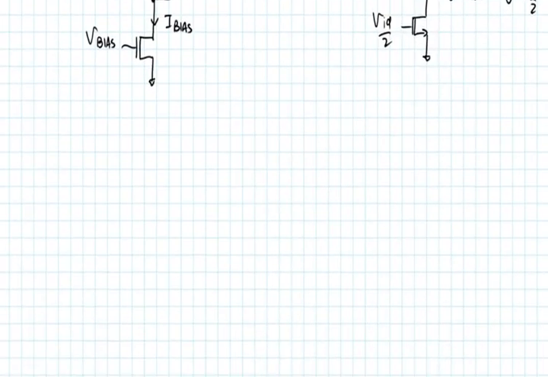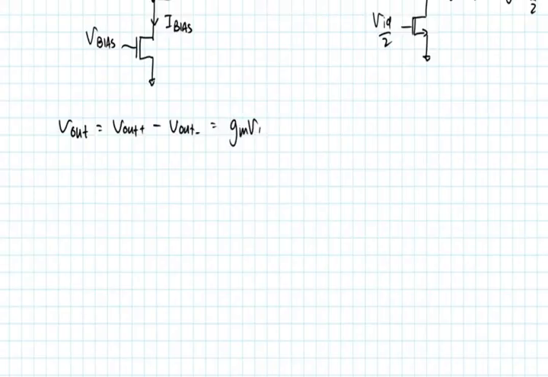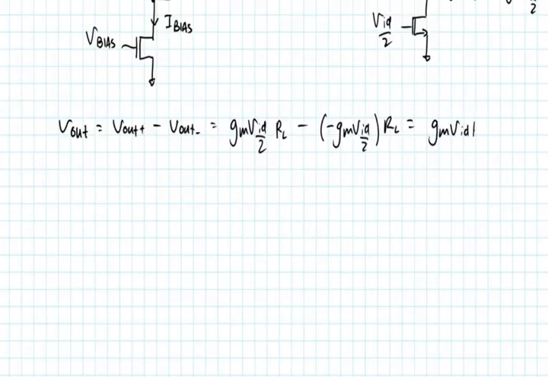So that's the output of, say, one of those amplifiers. The actual differential output voltage, V out, is going to be V out plus minus V out minus, which is equal to gm VID over 2 RL minus gm VID over 2 RL, which is equal to gm VID RL.